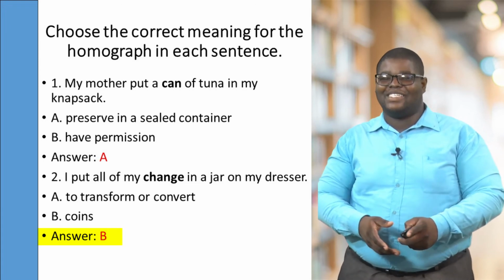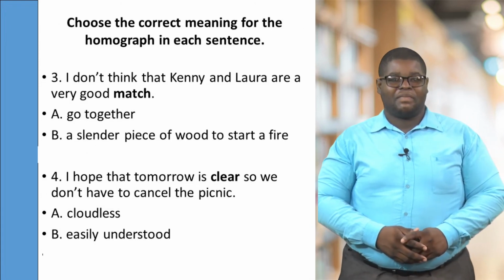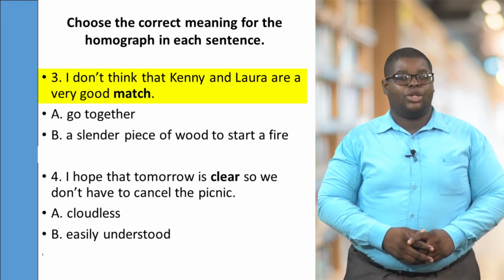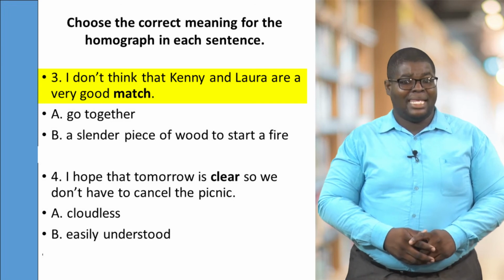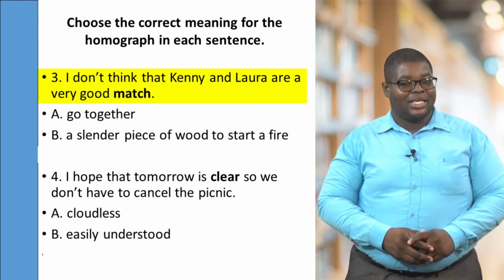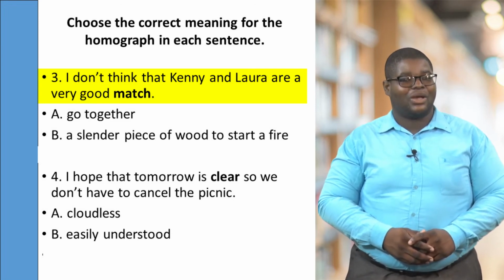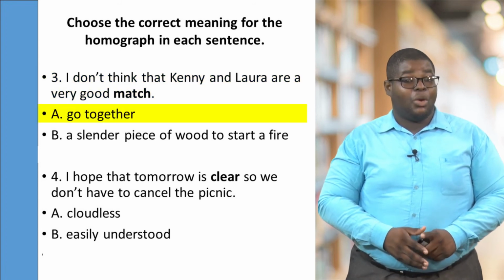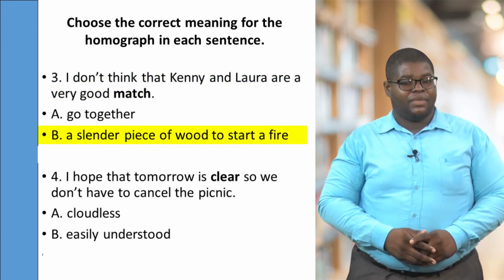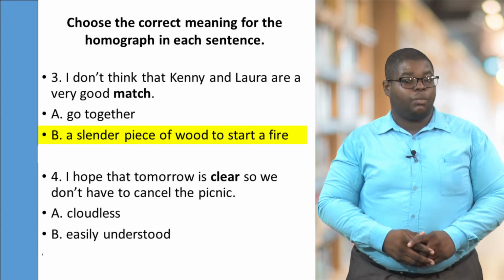All right, let's continue. Number 3, I don't think that Kenny and Laura are a very good match. So we have the homograph match. Let's look at the options. A, go together. And B, a slender piece of wood to start a fire.